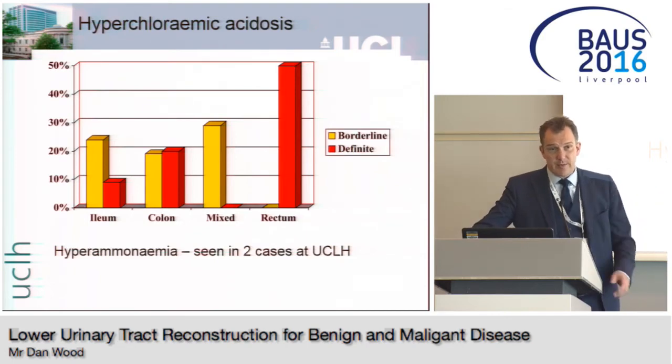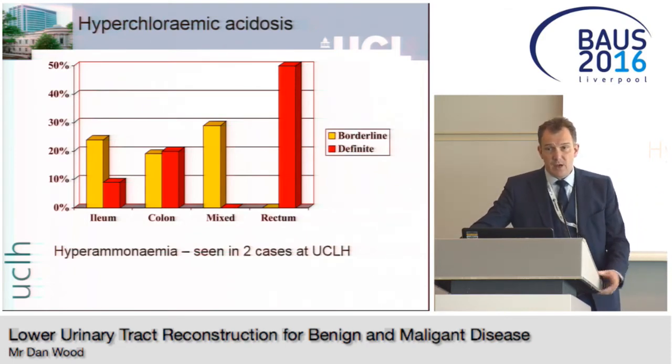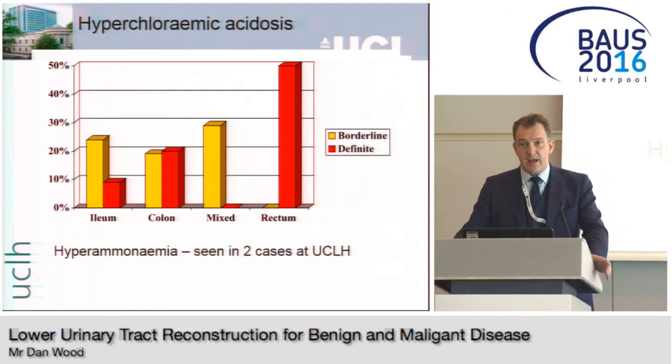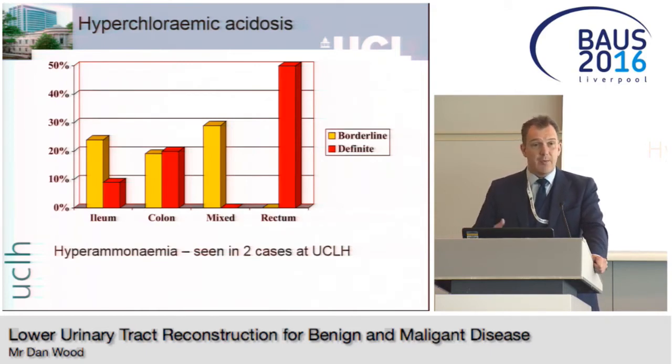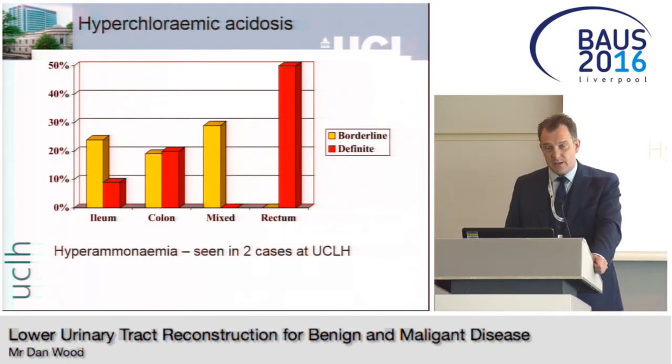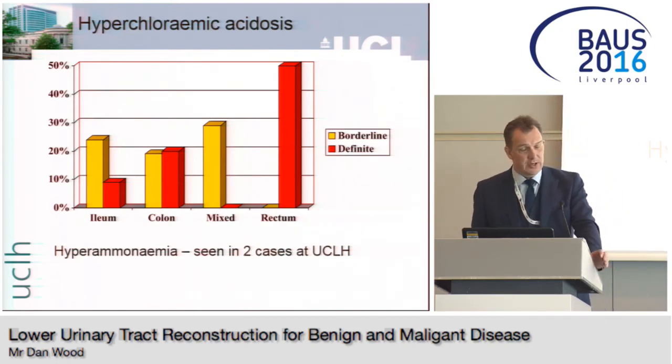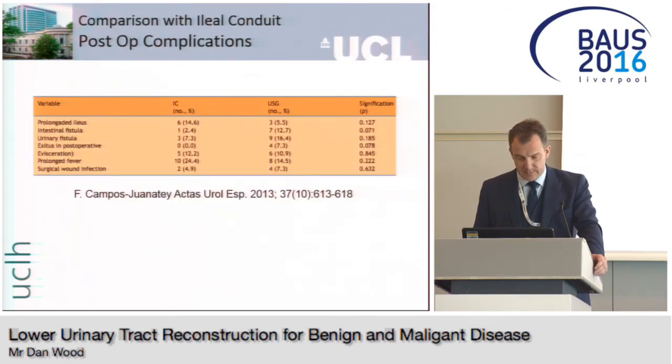It's important just to remember that if you're teeing patients up for this. We've seen at UCH 2 patients that have had hyperammonemia that have required us to take down and divert them as ileal conduits. Both were extraordinarily unhappy about having to have a conduit as opposed to their ureterosigmoidostomy, but metabolically and physiologically much better as a result of it.